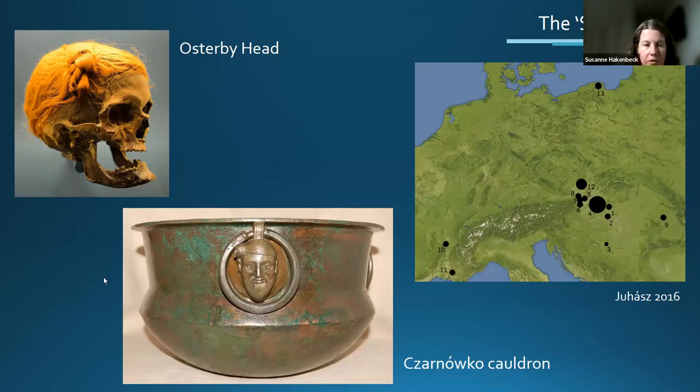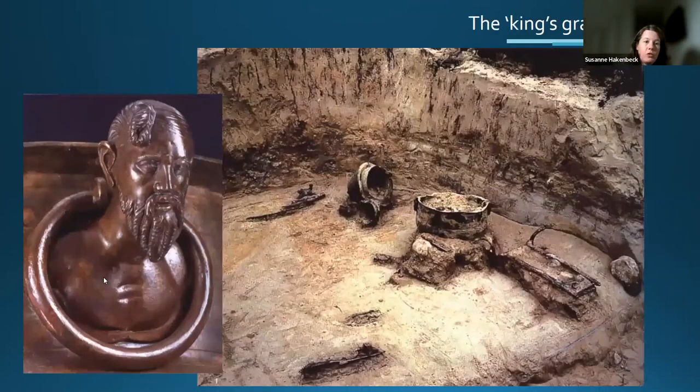Similar, but not identical, if we go back here, because this cauldron was manufactured within a Roman context. The artistic tradition, the representation of individuals, was very clearly within the Roman context, especially because at the same time, in the same time period, we don't have a tradition of portraiture like this. So this is very clearly within the Roman world.